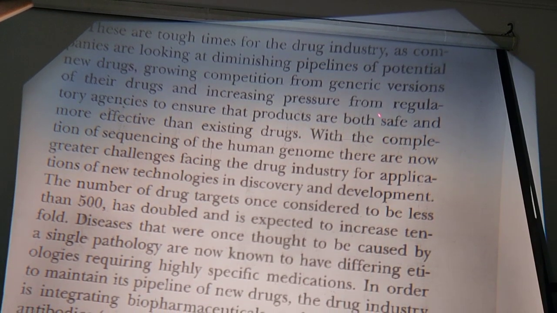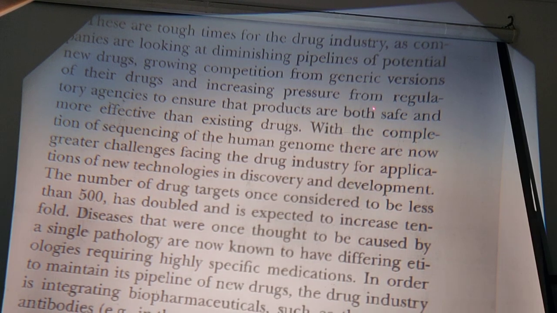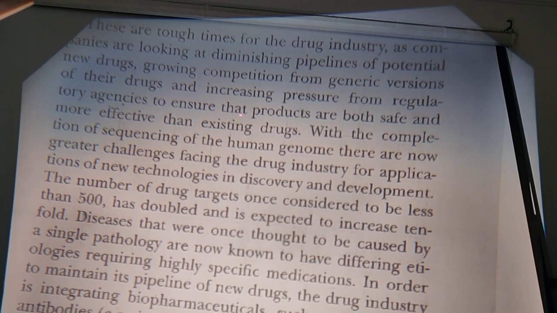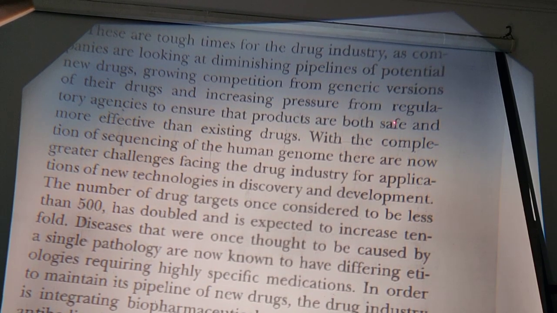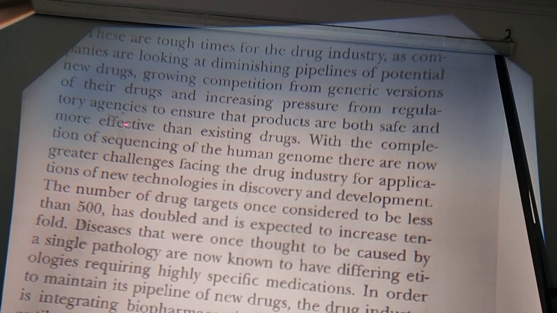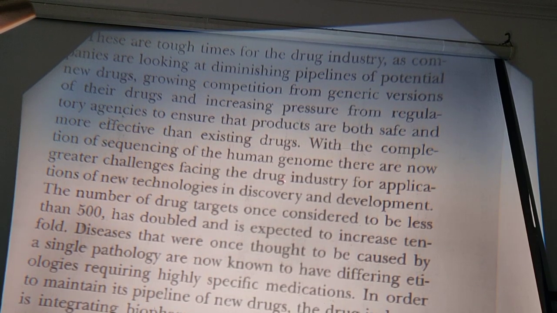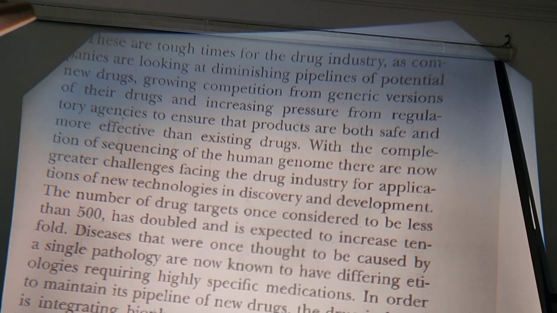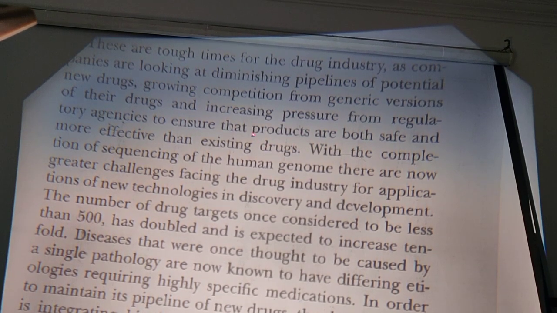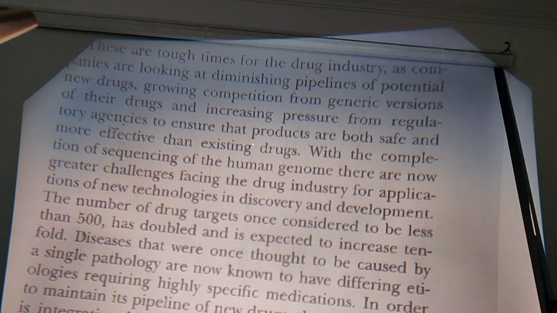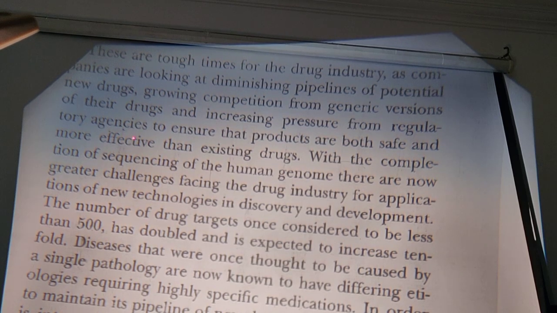This is the last and least, wherein with Adami we have attached T, that is that products are both safe and more efficacious than existing drug. That is the domain wherein you have to make a new medicine, and you can make it in a way that the newly made medicine should be safer and more effective than the previous one.